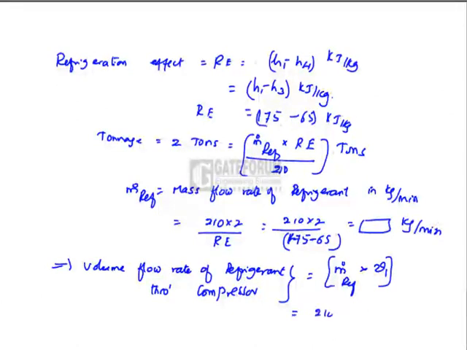That is 210 into 2 divided by 175 minus 65, into V1, specific volume, which is given as 0.1089, in meter cube per minute.